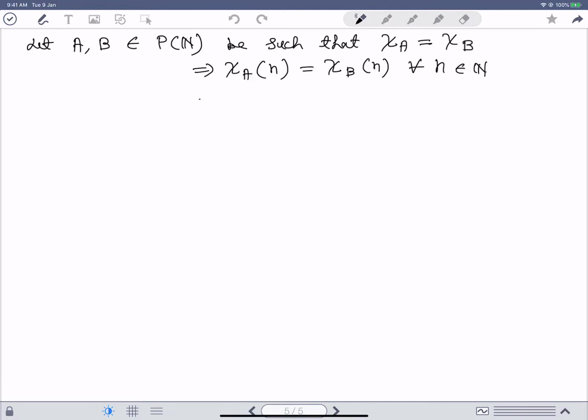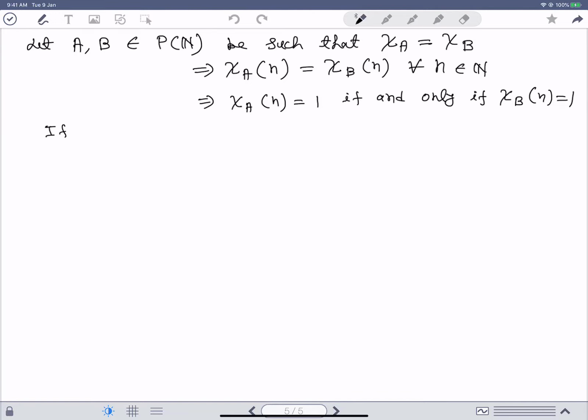Therefore we have chi of A at n is 1 if and only if chi of B at n is 1, right? Now this will imply that A equals B. Why?